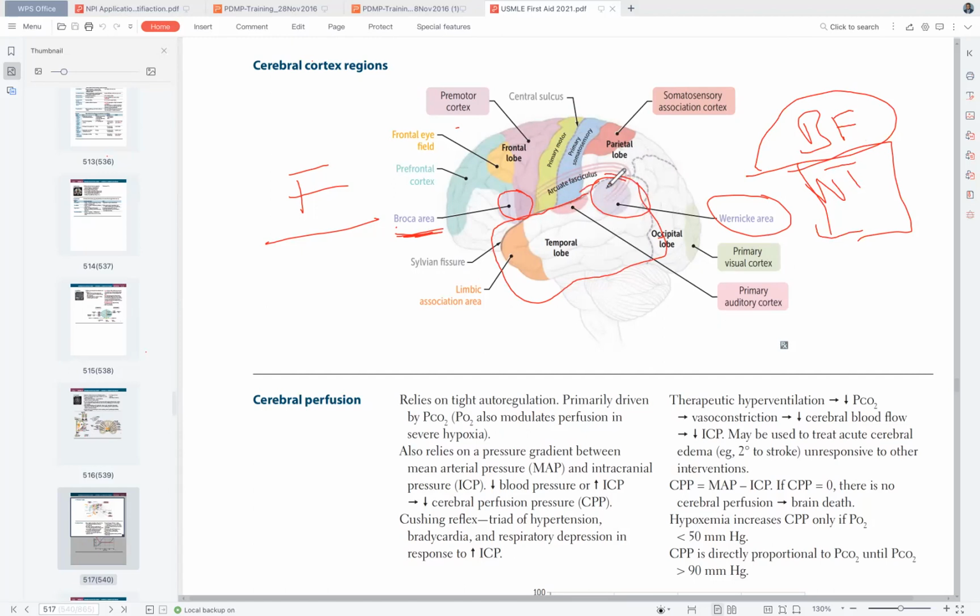If you're counting A to Z, B and F, and W and T towards the back. So W and T move together because they are towards the back: the temporal and then the W. And also Broca and then frontal.